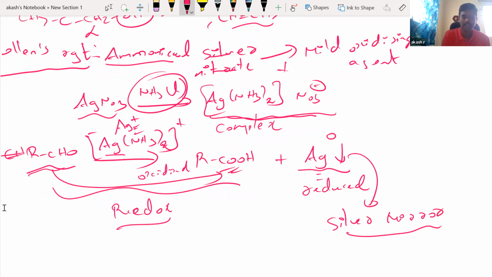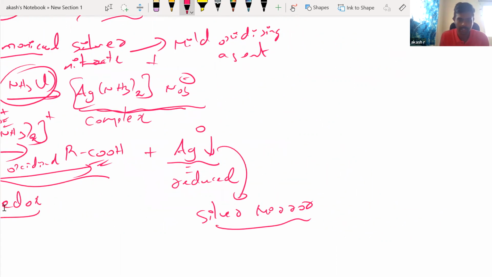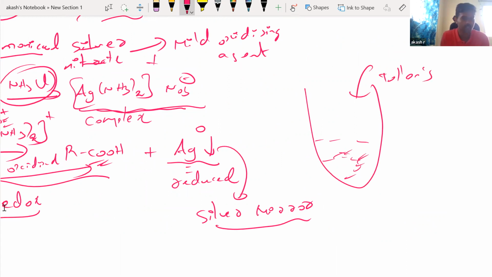If I have to tell you what exactly is happening: we have a test tube with an aldehyde, for example. When we add Tollens reagent to this, I form a silver-colored precipitate, a mirror. This is your silver mirror.